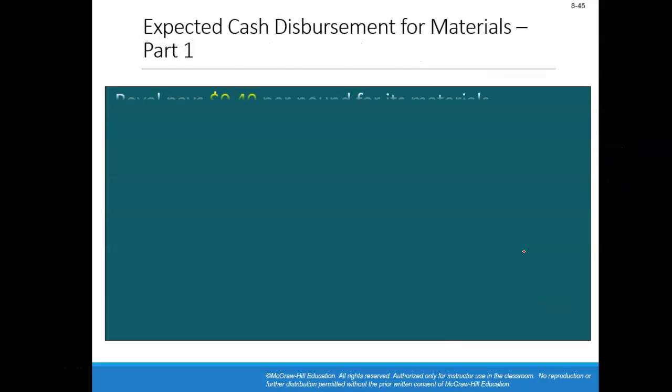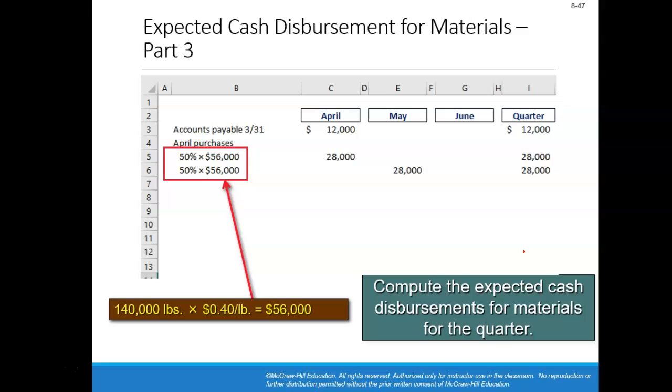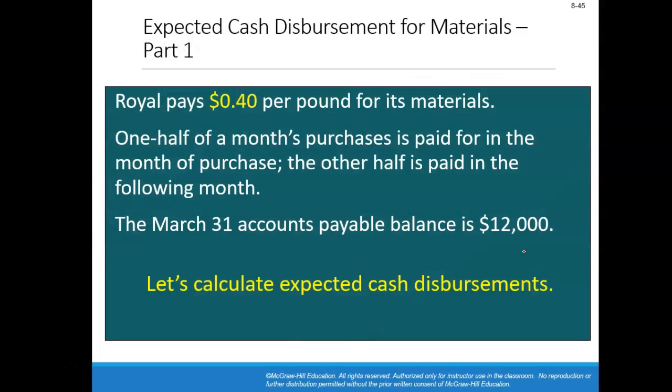Now, remember that every pound costs 40 cents. So we're going to multiply our material needs times that 40 cents to take a look at our cash disbursement.